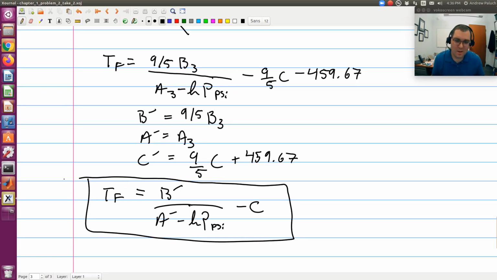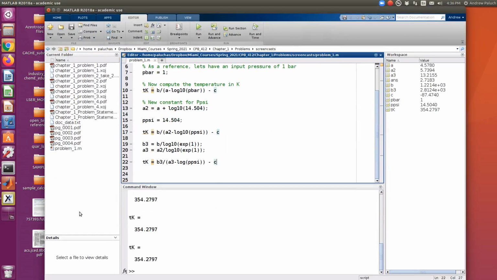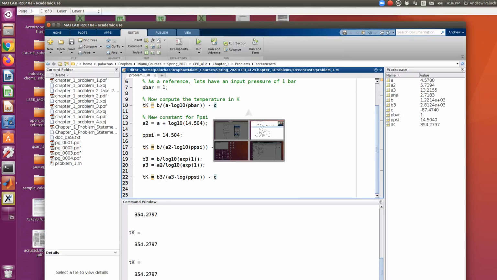All right, now to test it out. So far we have this code working where we have an input of a pressure in PSI and we get a temperature out in Kelvin. We've been getting 354.2797.